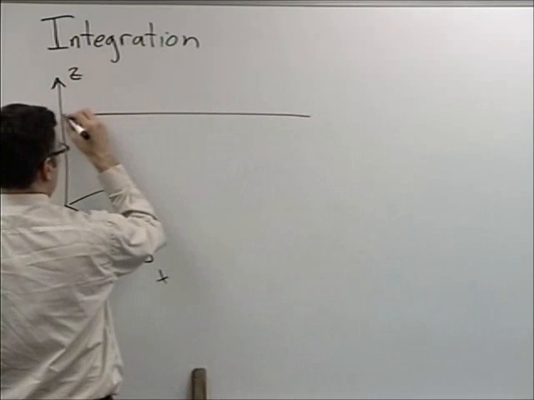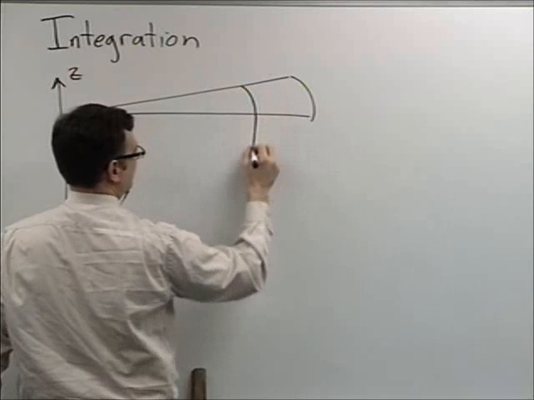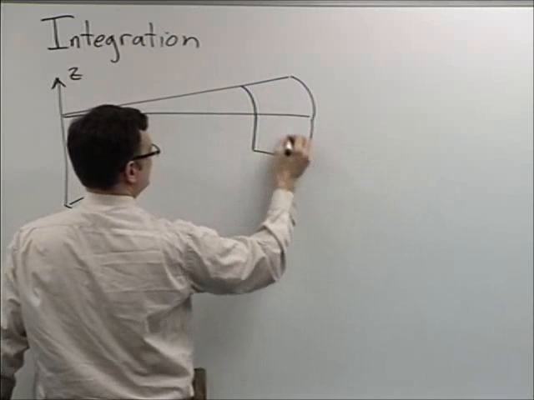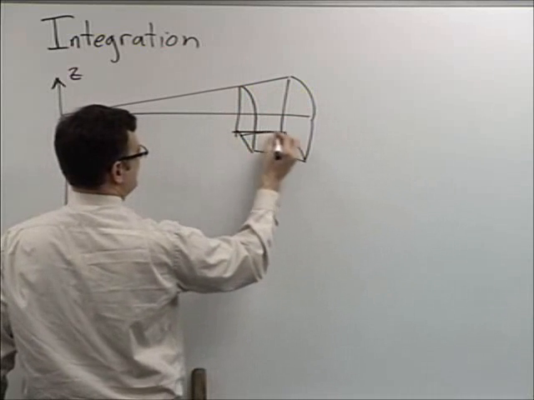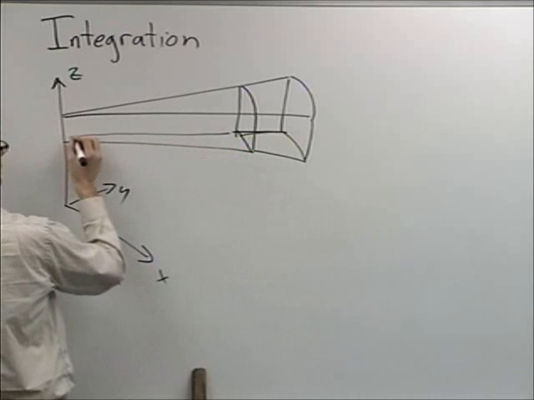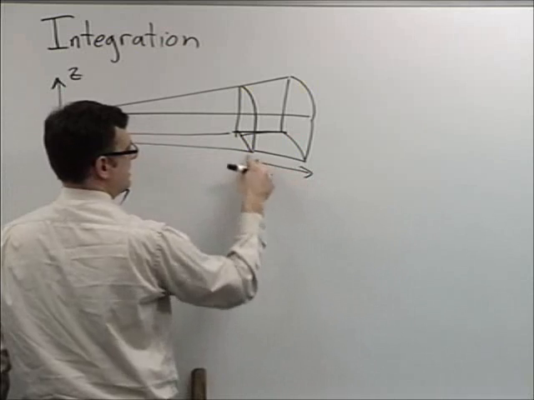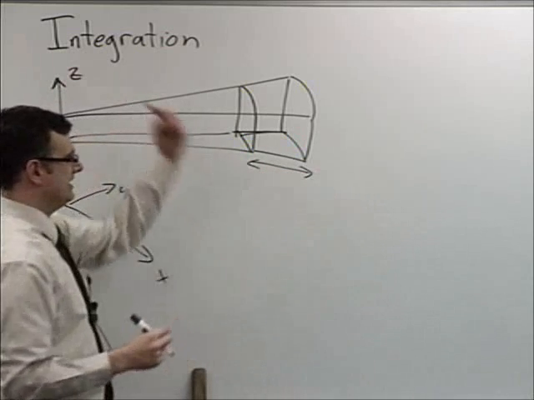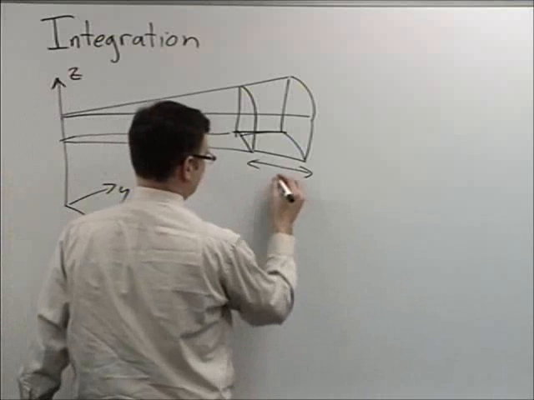If I draw this little volume out, it's drawn as kind of a bent prism, in such a way that the edges of the prism correspond to increasing rho, z, and phi.